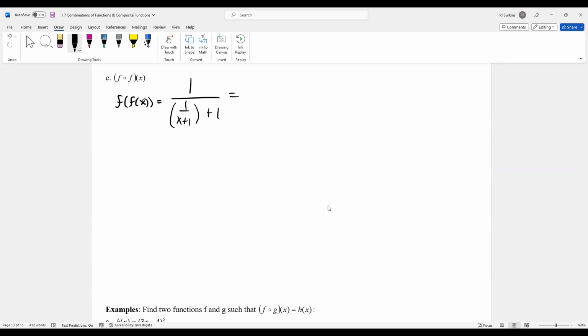I would need a common denominator, so we have this plus x plus 1 over x plus 1. That becomes x plus 2 over x plus 1 when you put them together. And I have 1 divided by a fraction, which I can flip and multiply, which means I get this.